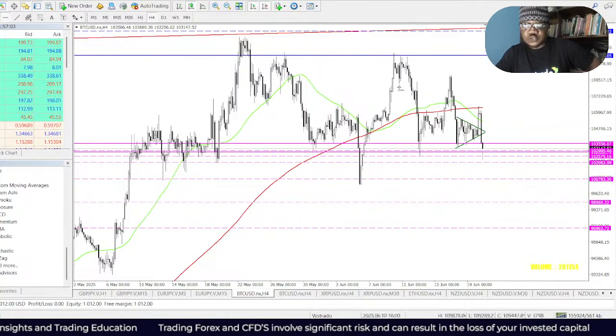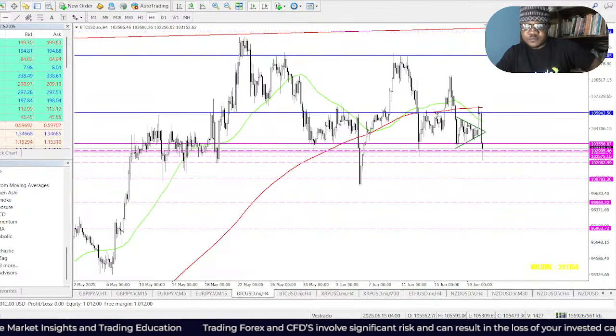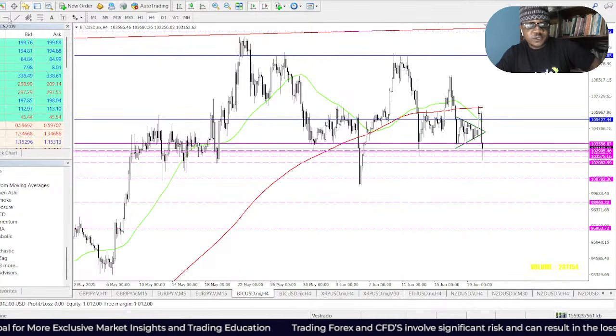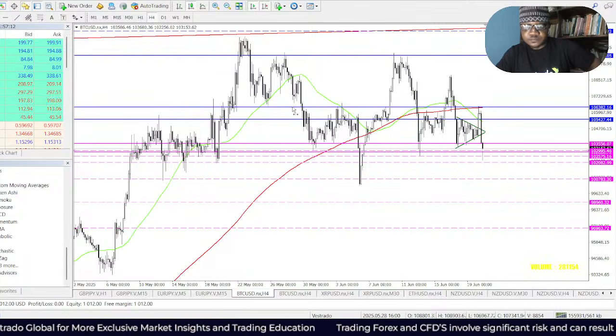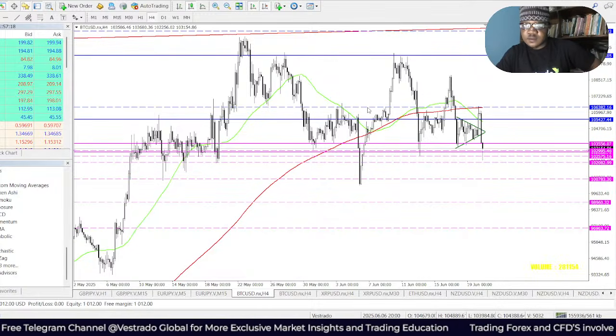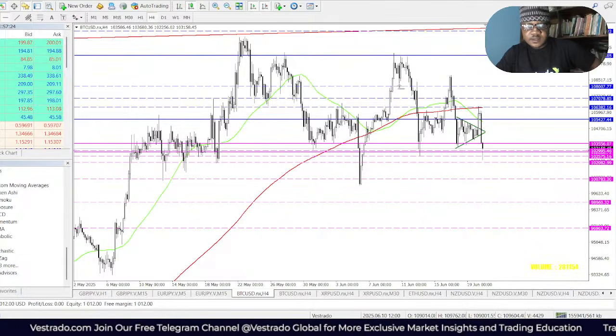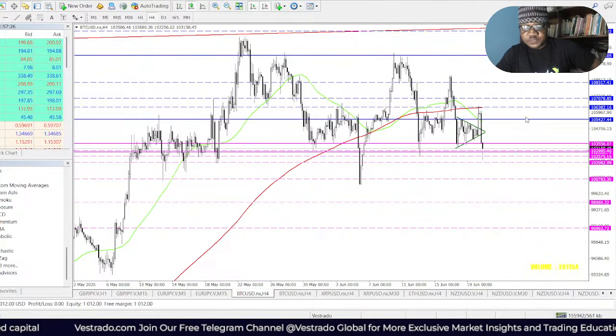But if price is strong enough to head above, in the long term, 105427, then we could see it touch upon higher levels right here: 106382. Above that, 107078. And above that, perhaps 108317.